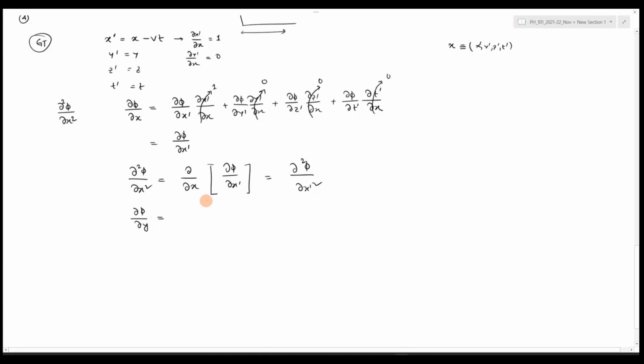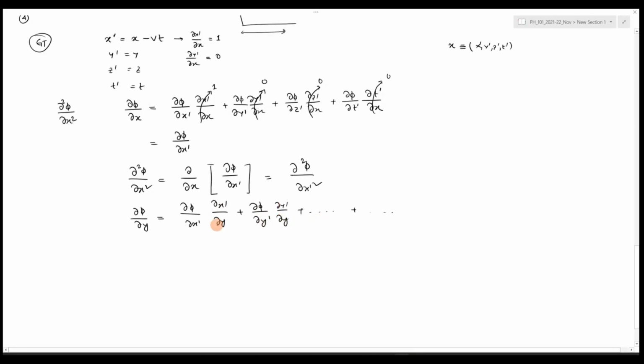So d phi by dy now. d phi by dy, if you again simply write the same thing: d phi by dx prime into dx prime by dy, plus similarly two terms, right?